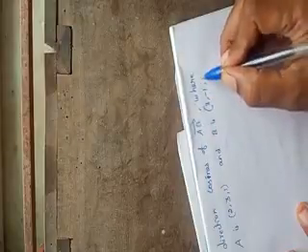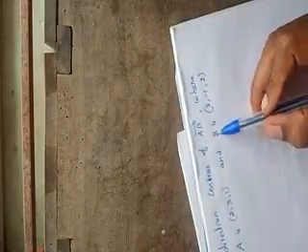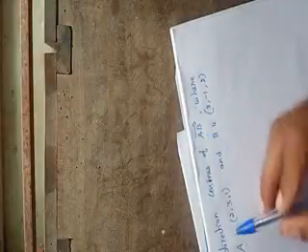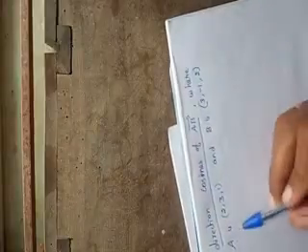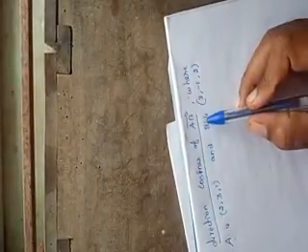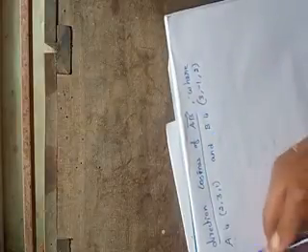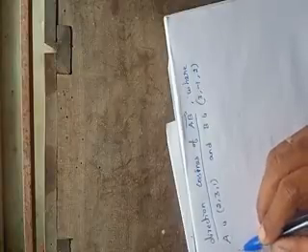So A point and B point are given. We are supposed to find the direction cosines of AB vector. To find it, first we need AB vector. In order to find AB vector, I need OA vector and OB vector.